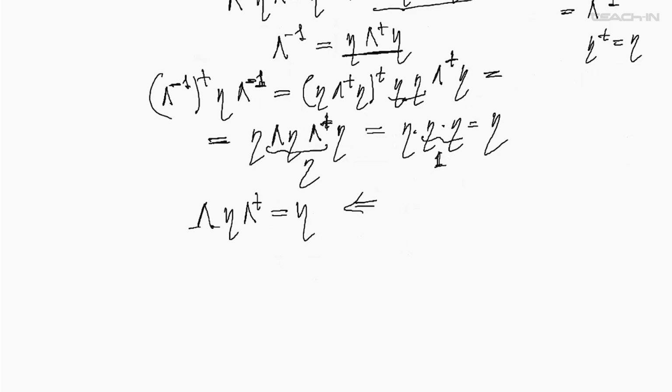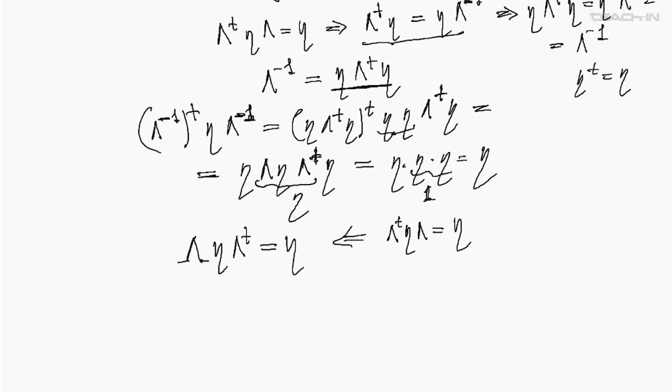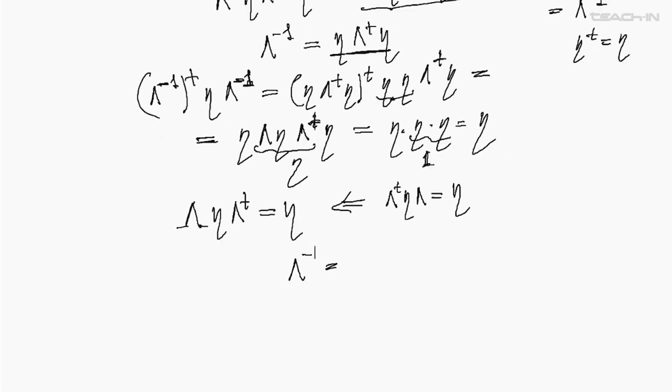So this means, in fact, that lambda transpose is also a matrix of Lorentz transformation. So if lambda is a matrix of Lorentz transformation, then lambda transpose is also a matrix of Lorentz transformation. And this you can see again from the same expression for lambda minus 1. Indeed, if you write this expression again, lambda transpose eta, and now multiply it by lambda from the left, then you get here identity matrix, and here you get lambda eta lambda transpose eta, and now you multiply by eta from the right.